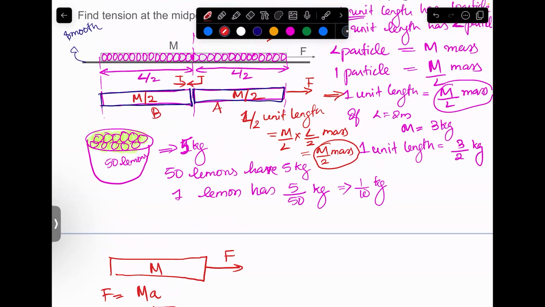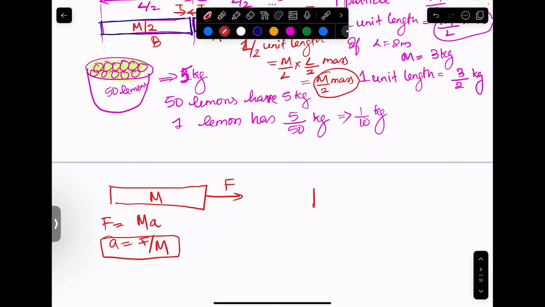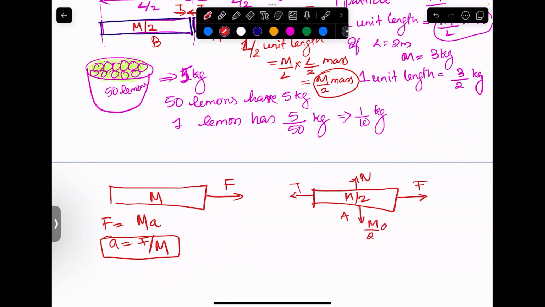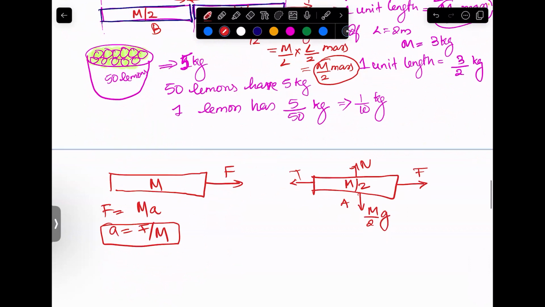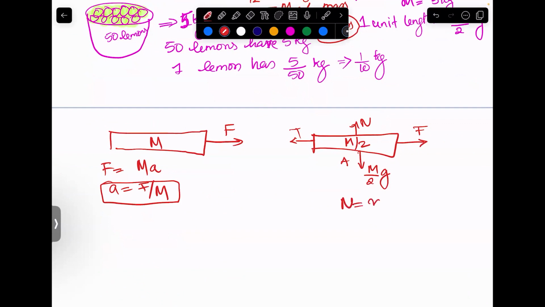So for the free body diagram of the A section, this is A. This is M by 2. This is the force acting. This is the tension acting. This is the reaction force, and this is the weight of the section of the rope. So N equal to M by 2 G if you equate the vertical direction.